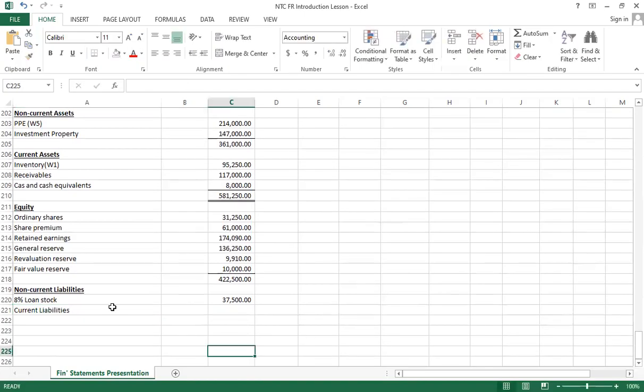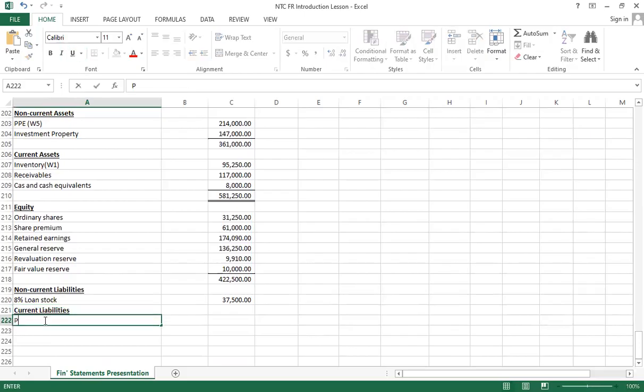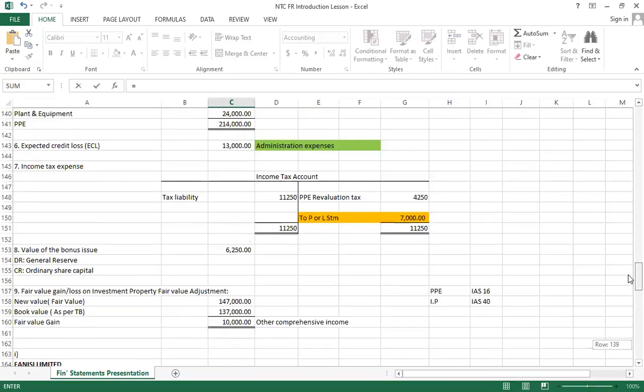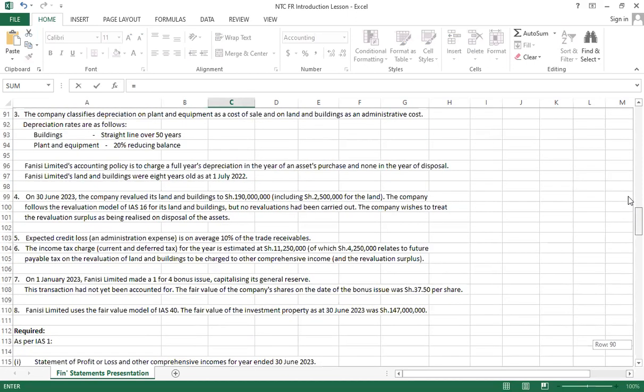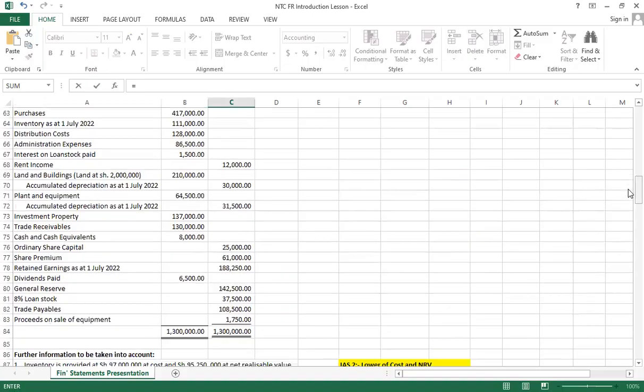So lastly, we look at the current liabilities, starting with the payables. For the payables, when I go back to the trial balance, the trade payables must be somewhere. Where were they?